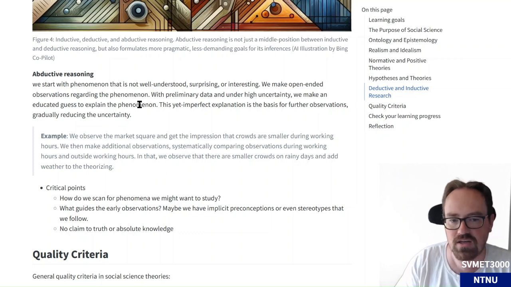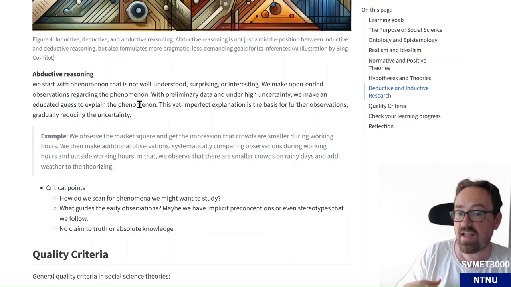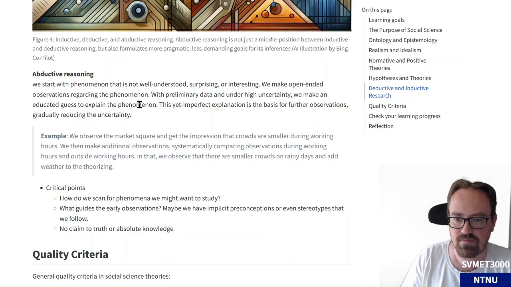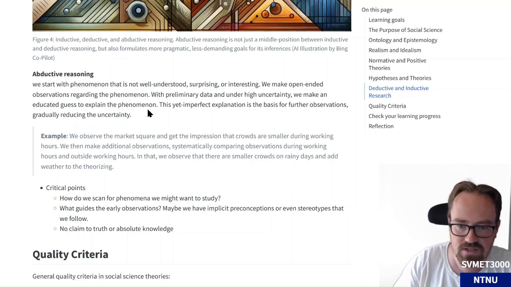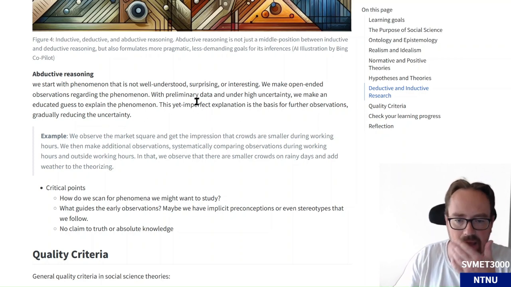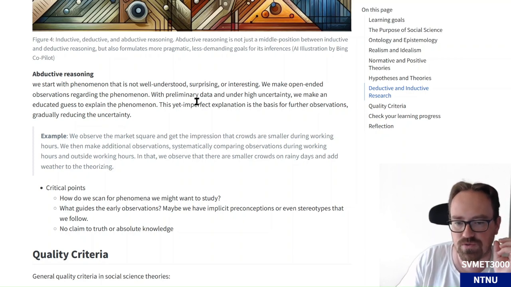We just make an educated guess. And we know that this is an imperfect explanation. But this can guide the next round of observations and gradually reduce the uncertainty. And then we have, again, an imperfect explanation, but we can come ever closer to some explanation.